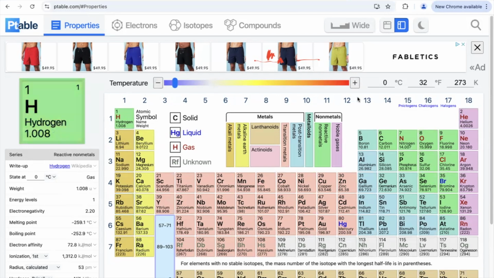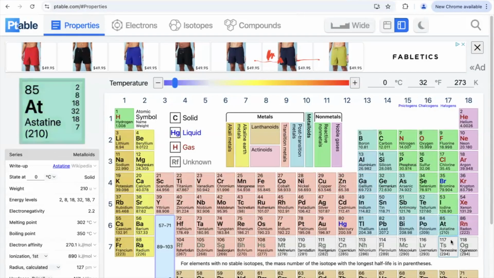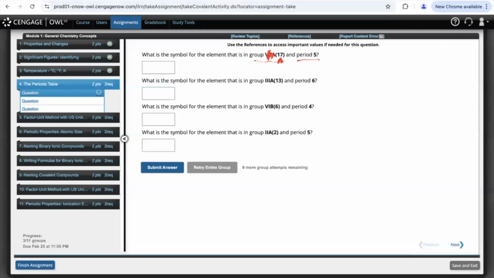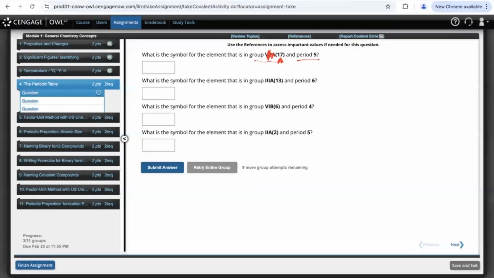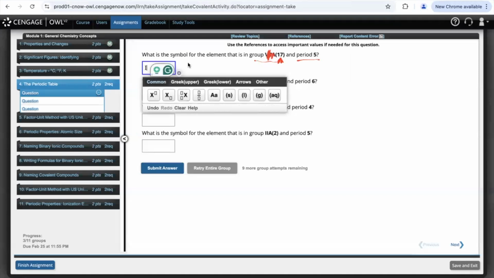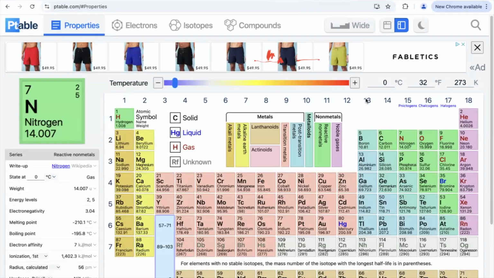So group 17 is going to be in this row, period 5. So I for I9. We'll come over here and type that in. And then we have 13 and 6, TL.